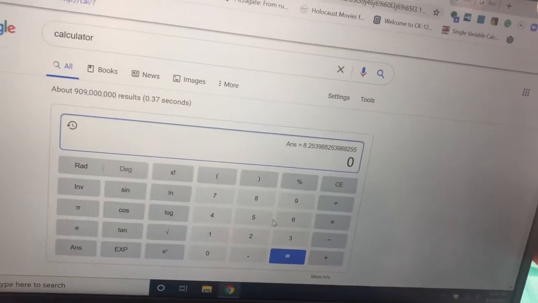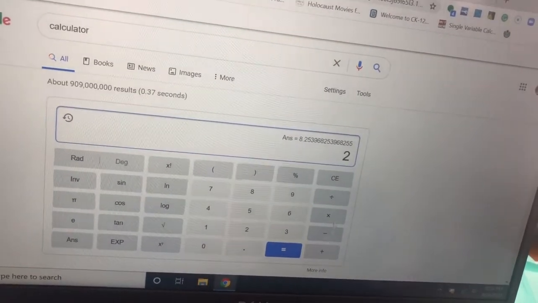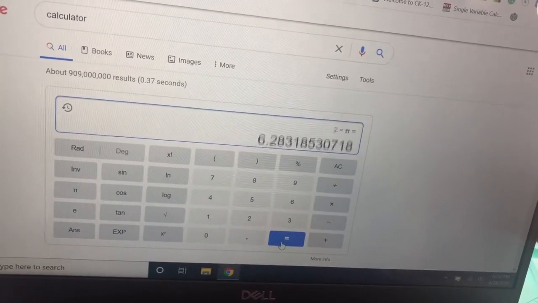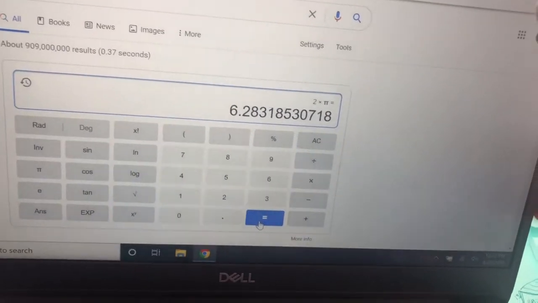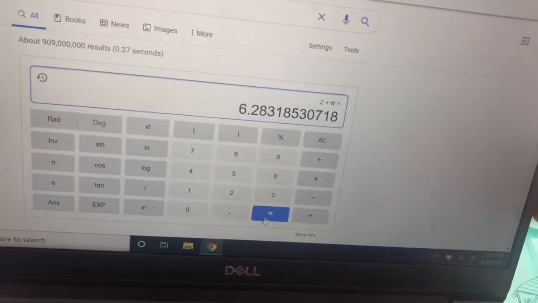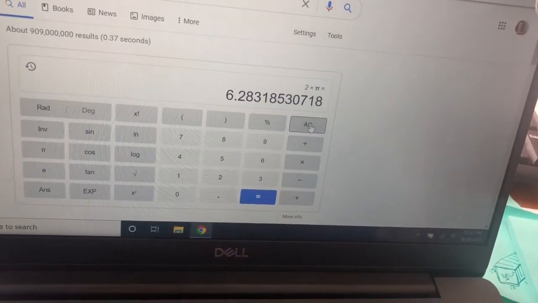In fact, this is wrong, so I'm going to redo this. I'm going to multiply 2 times pi. So 2 times pi equals, and let's just go with 6.28. I'm just going to write that down and clear this. I'm going to go with my formula.